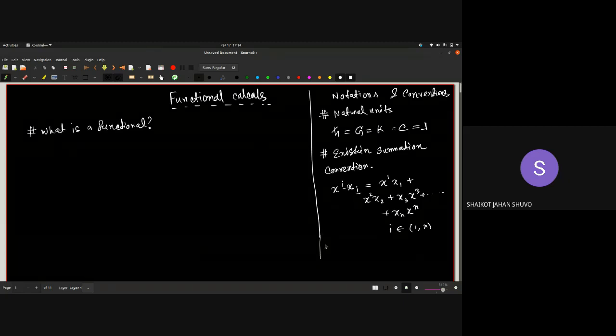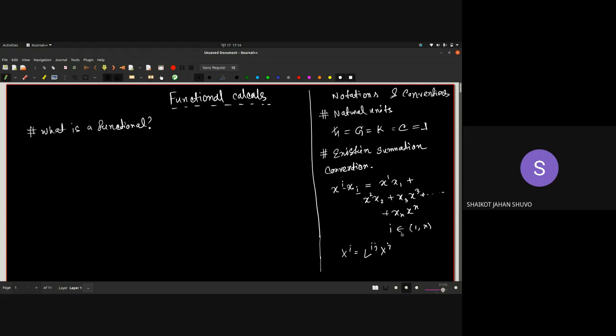And even though this is the standard, some authors also use the summation convention like this. I think if you have done some linear algebra, and I think most of you did, you have seen something like this, let's say x_i L_ij x_j, right? Here, there is a summation over the j index.